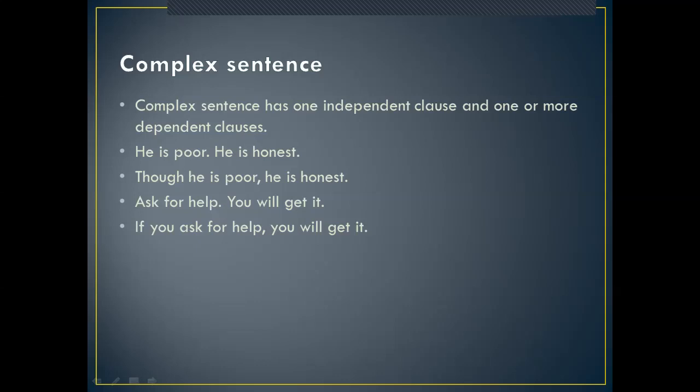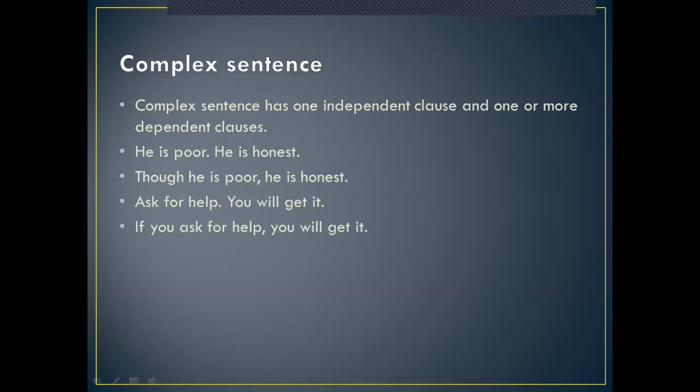So what is the difference between an independent clause and a dependent clause? A dependent clause depends on another clause to give complete meaning. For example, without he is honest, this clause doesn't make complete sense. Though he is poor means that the sentence is not complete. This clause depends on another clause to give the complete meaning.